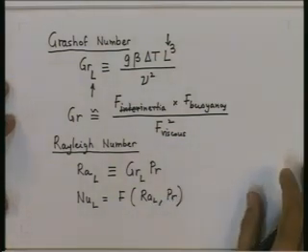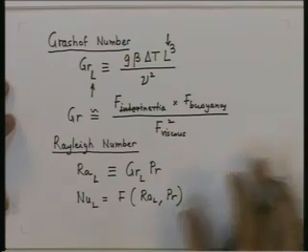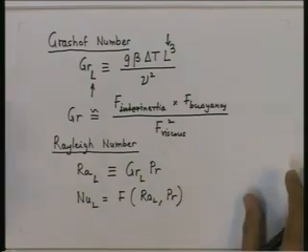Almost all natural convection correlations will have this general form, which is similar to the general form for forced convection, where we will have Reynolds number and Prandtl number. Now let us move on to situations of interest to us and let us look at correlations for natural convection in those situations.